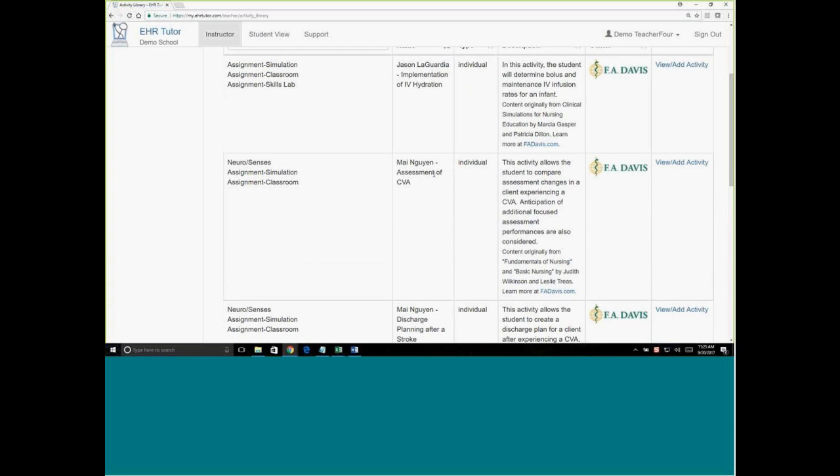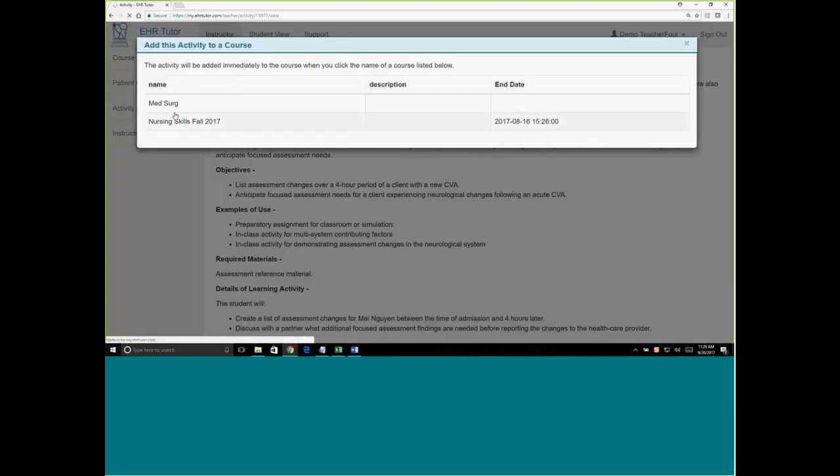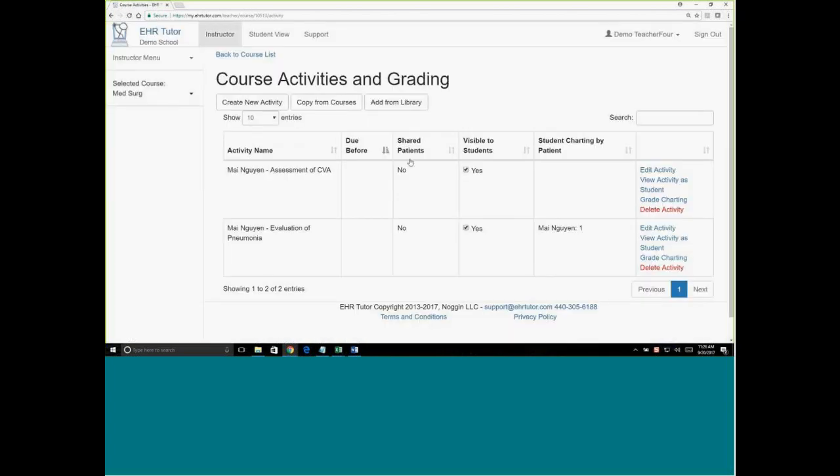So if I wanted to talk about the assessment of a CVA and I wanted to add this activity to my course, all I would need to do is click on this button, and I could click the Add to Course button, choose my Med-Surg, and that activity is automatically added, and the students now have the ability to go in and do that activity also. So it's very, very easy to do.